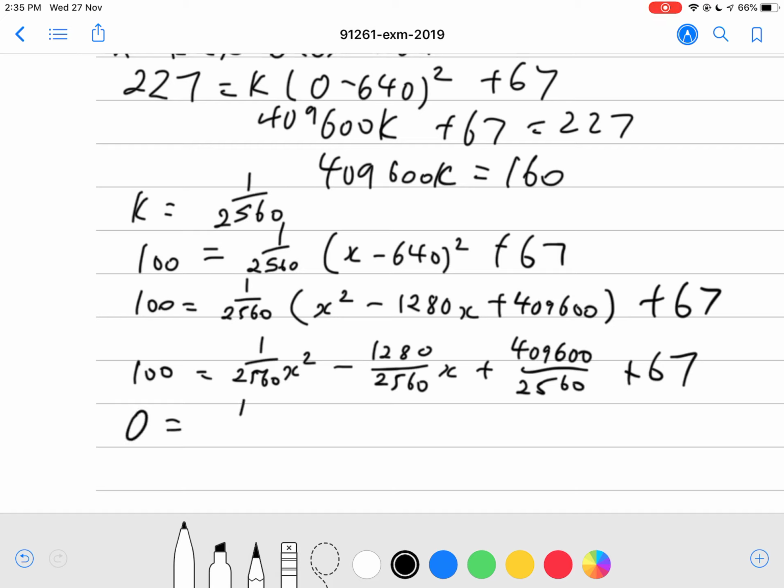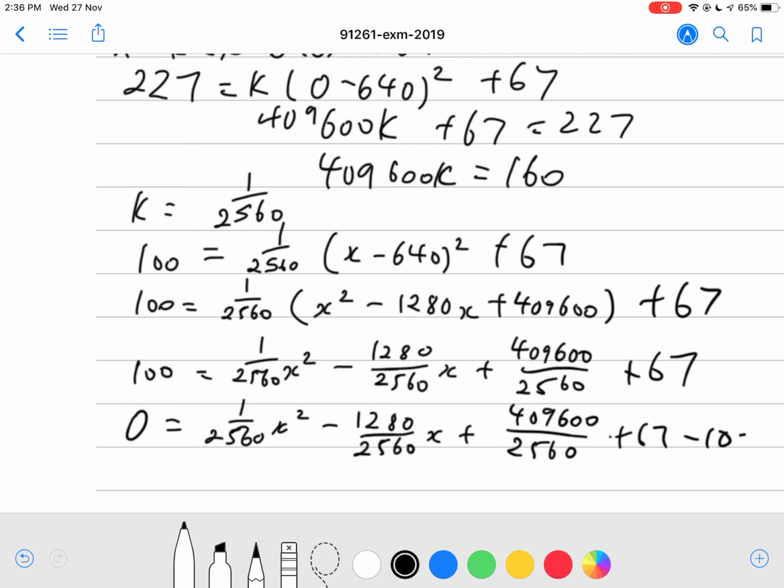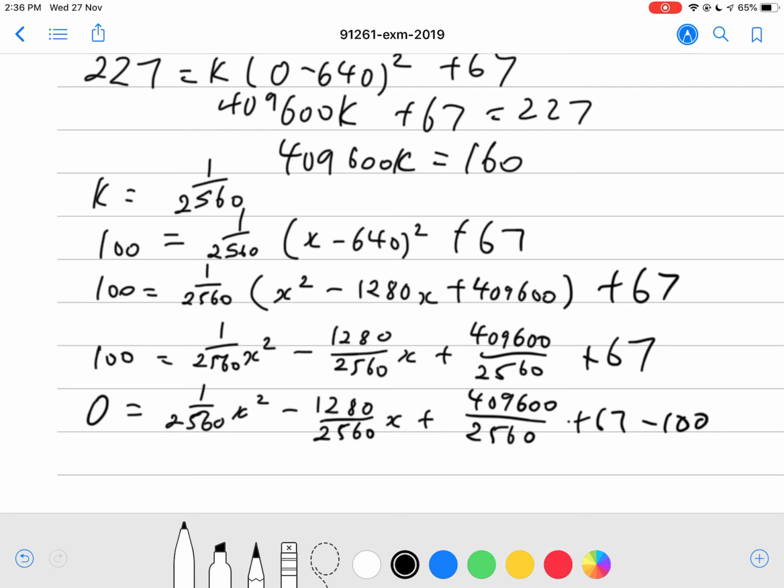So we say 0 equals 1 over 2,560 x squared minus 1,280 over 2,560 x plus 409,600 over 2,560 plus 67 minus 100. Alright, so we just simplify our c value, hopefully. So this 67 and 100 can combine to just minus 33 here.